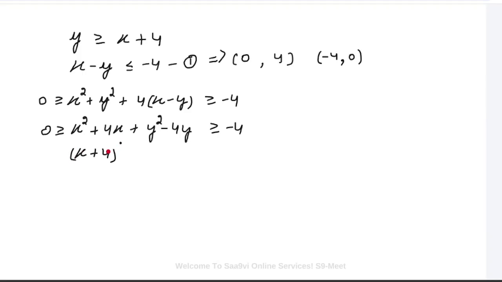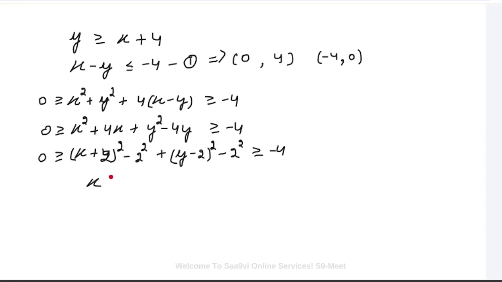Now if I try to make it in the formula of a plus b whole square, I can say this is x plus 2 whole square minus 2 square. We are using the completing the square method, plus y minus 2 whole square minus 2 square. The rest of the sign remains the same, greater than or equal to minus 4, and less than or equal to 0.